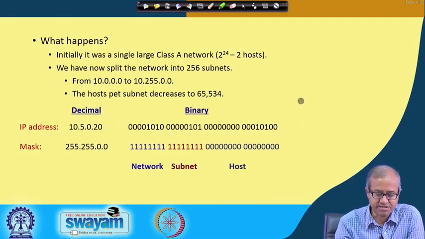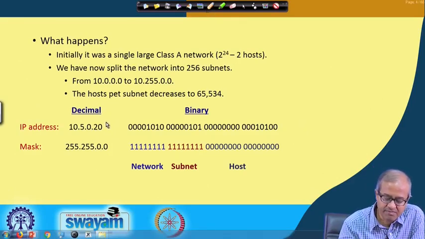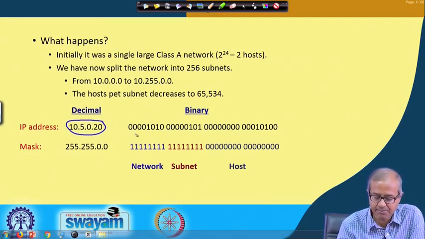So, here I am just illustrating this. This is the IP address I was talking about. In binary, I am writing like this: 10, 5, 0, 20. Mask is this.